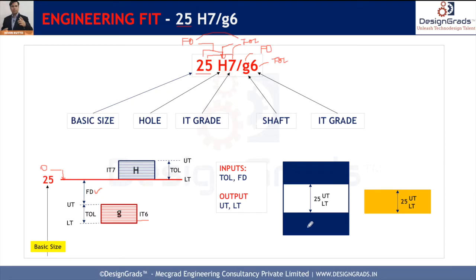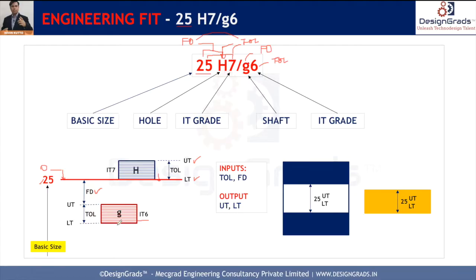For example, if we have a hole here, and if we know the basic size here, if we know that fundamental deviation is going to be 0, because it is a hole basis system, and we know that for a hole basis system fundamental deviation is going to be 0. And once we know the tolerance, which is the height of this, we can easily get lower tolerance and upper tolerance on 25.